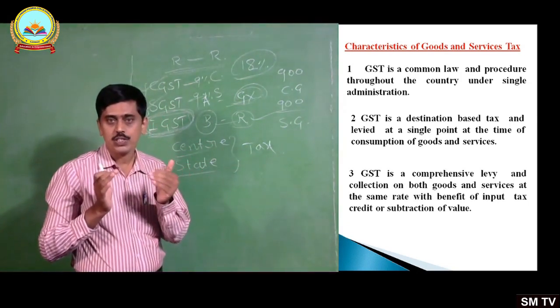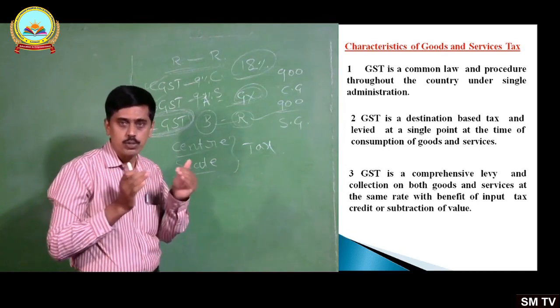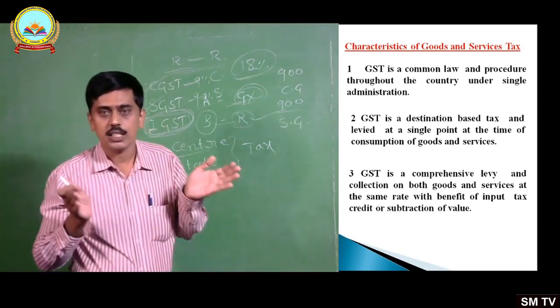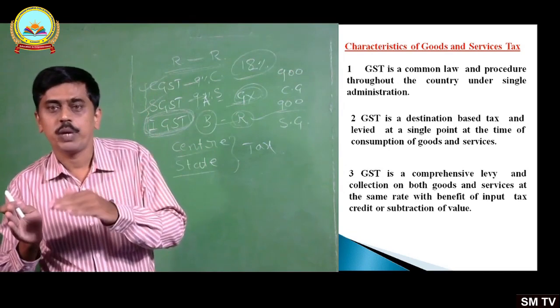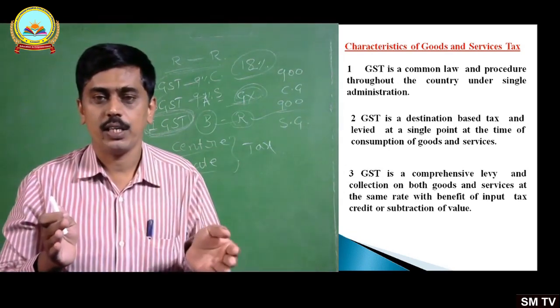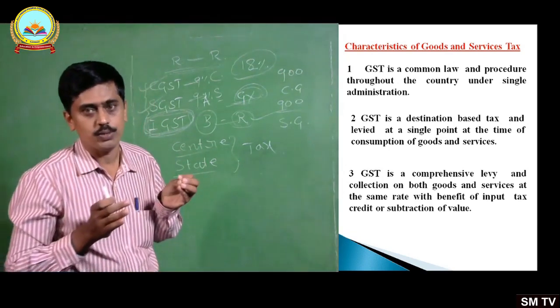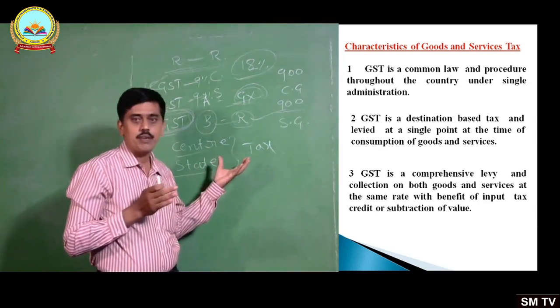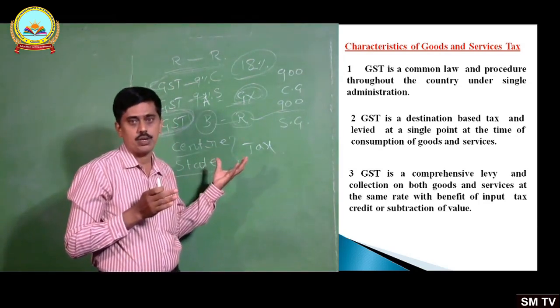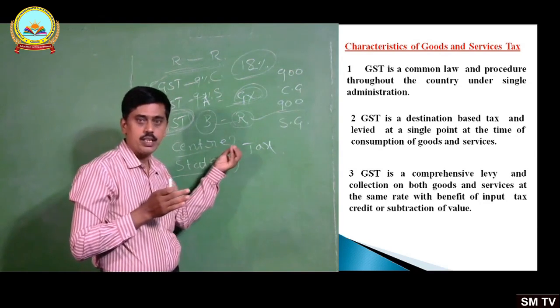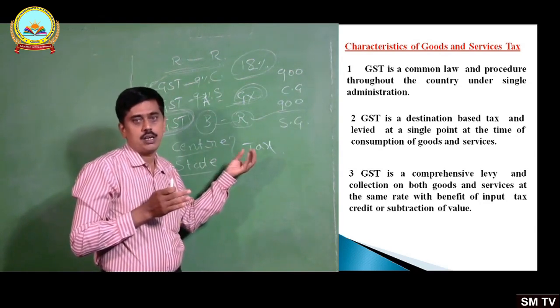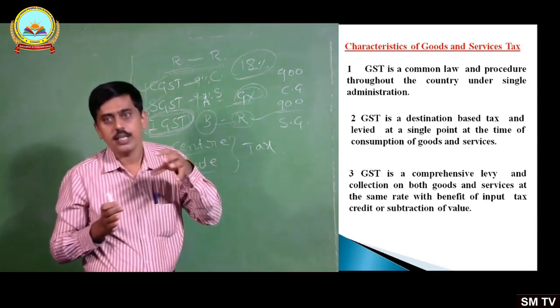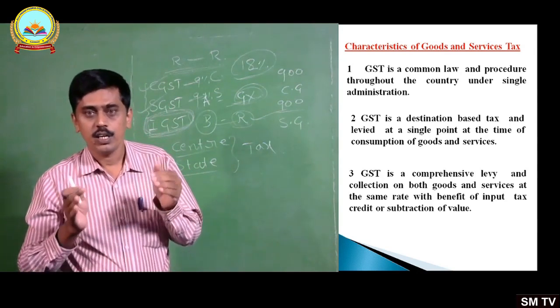GST is a comprehensive levy and collection on both goods and services at the same rate with the benefit of input tax credit or subtraction of value. There is a chance to make input tax credit or subtract the tax already paid. Okay, that's another feature.